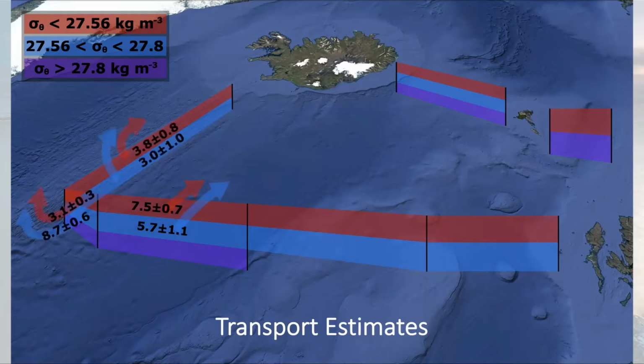Another part of my research during my PhD is that the East Reykjanes Ridge Current has about 12 sverdrups of water exiting in the southwest there, those values in the very bottom left corner. I also found, using Argo data and altimetry, that about 7 sverdrups of water flows over the Reykjanes Ridge. That was a paper I published last year.